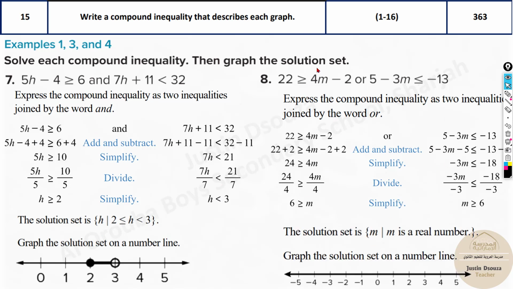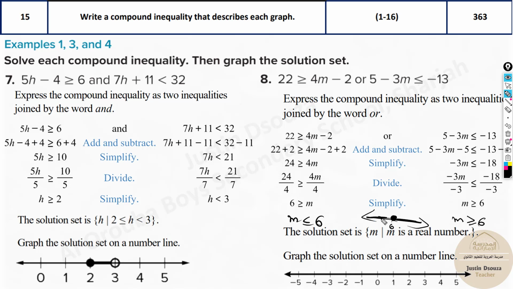Now when you solve this and this, what happened? M is 6 is greater than or equal to M, which means M is less than or equal to 6. Here M is greater than or equal to 6. Where is 6? I'll just draw a number line. Imagine I have this as 6. It's less than or equal, greater than equal, so this is considered.